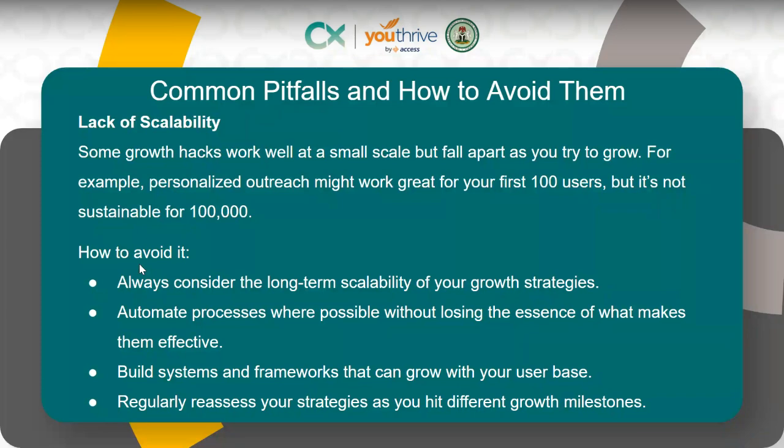So what's the next one we're looking at? Automate processes where possible without losing the essence of what makes them work. I'm not even talking in terms of tech products now. Let's look at a normal product, maybe cosmetics, and you realize that the way you package your cosmetics, the perks and the letters you put inside, has a way of really retaining your customers.